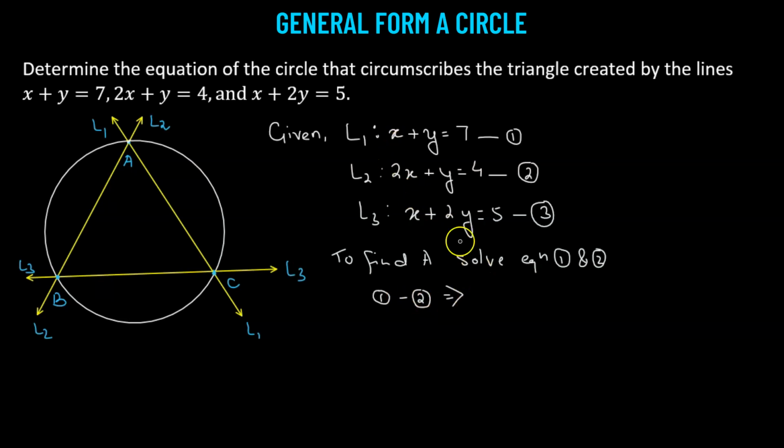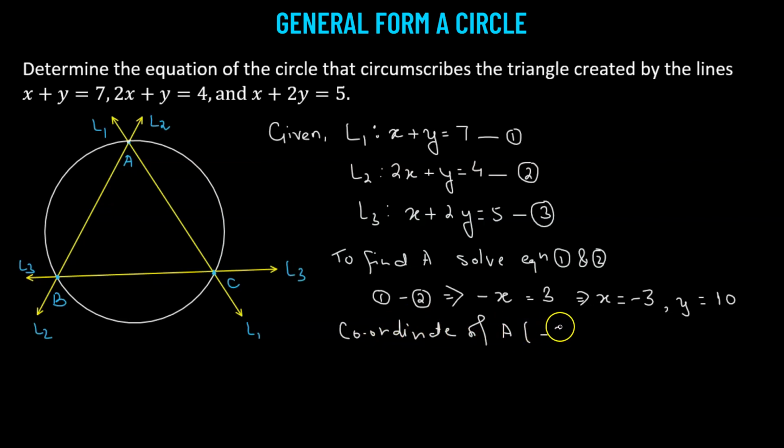We have x minus 2x, so that's negative x. Then y minus y cancels out, and 7 minus 4 is 3. This gives us x equals negative 3. We can use either equation 1 or 2 to find y. The y comes out to be 10. So the coordinate of point A is negative 3 comma 10.